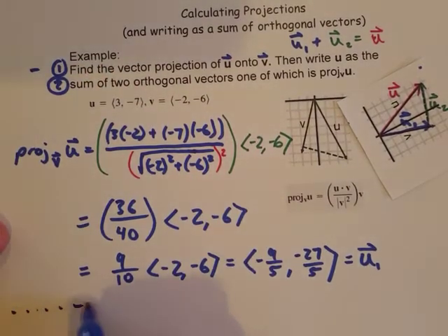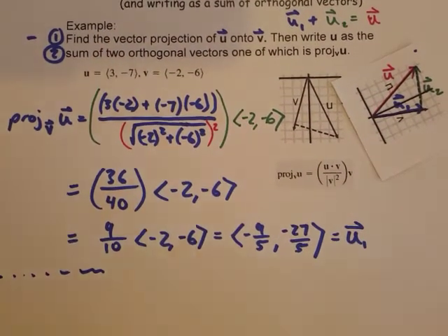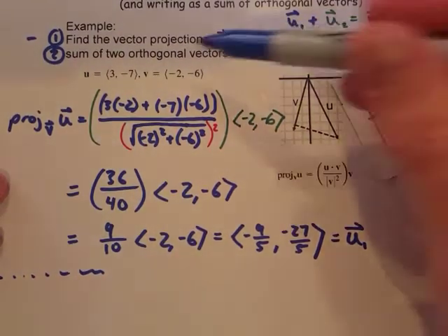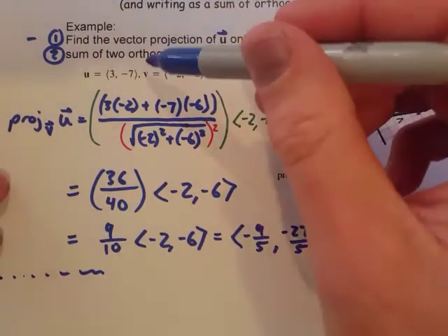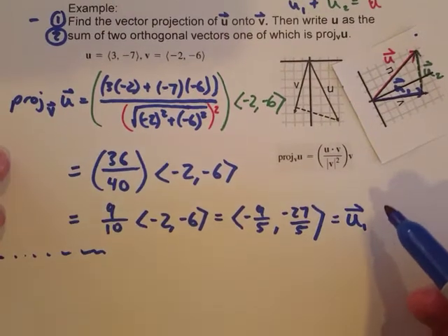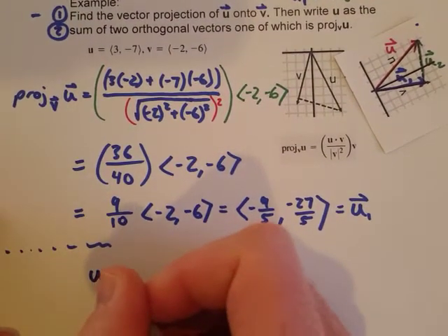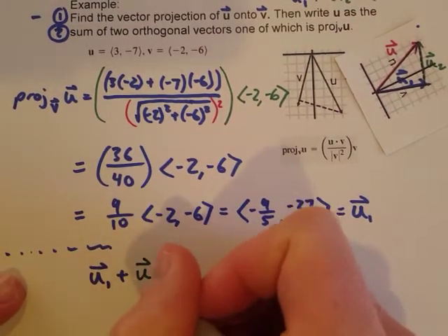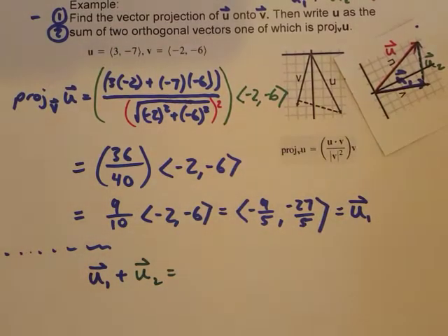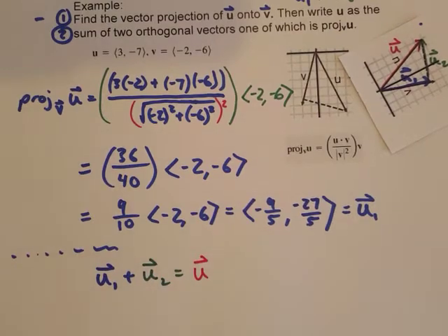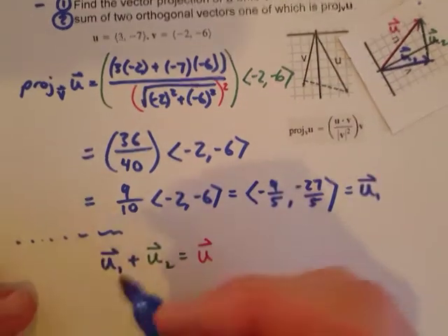And now let's start the second part. Well, we want to express this red vector u as the sum of two orthogonal vectors, one which is the projection, that's this one right here. So we have u1 plus u2 equals u. And we're going to just set up this equation and find the missing piece. So we know what u1 is, we just found that one.